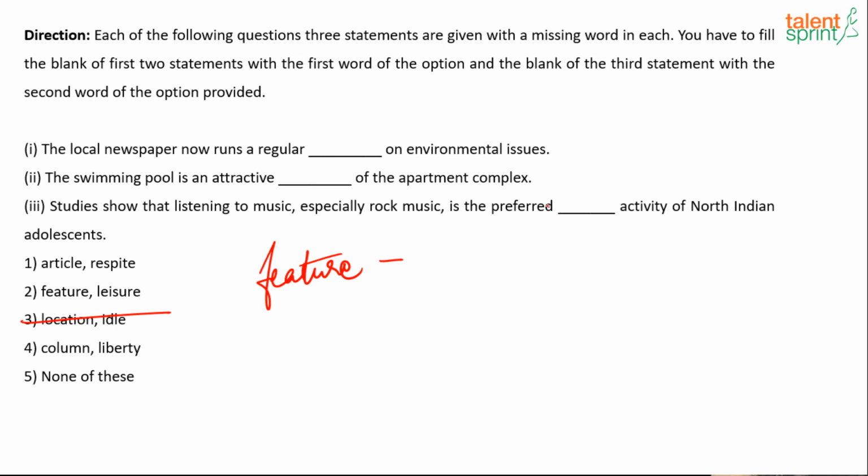It means a newspaper, or it can be a magazine, an article in a newspaper or a magazine is a feature. Also, the other use of the word feature is when we talk about an important or a distinctive attribute.